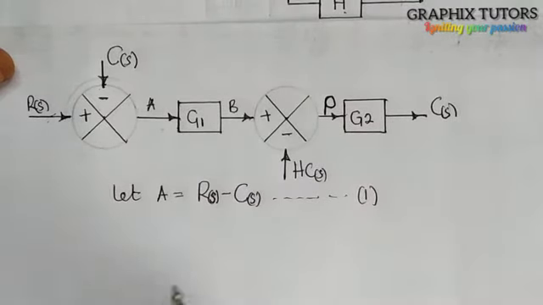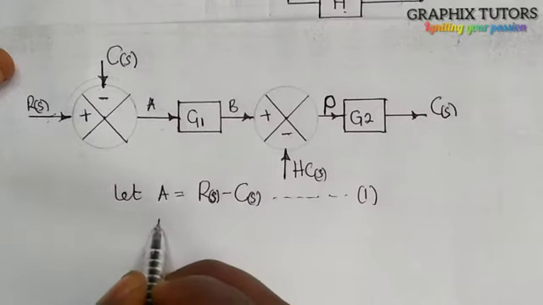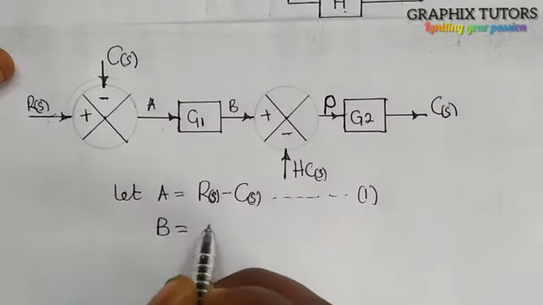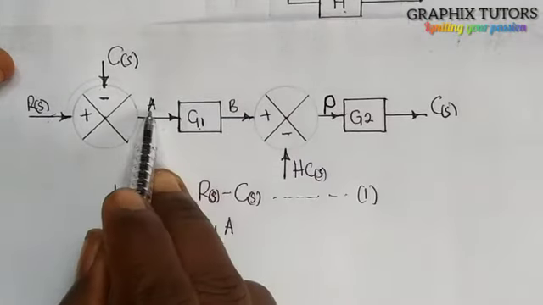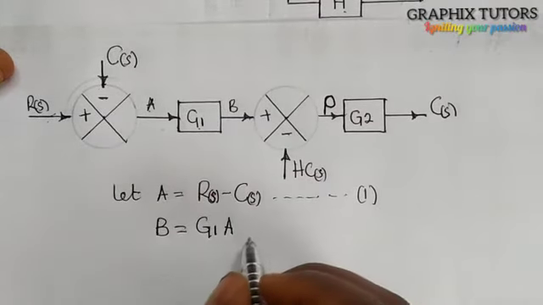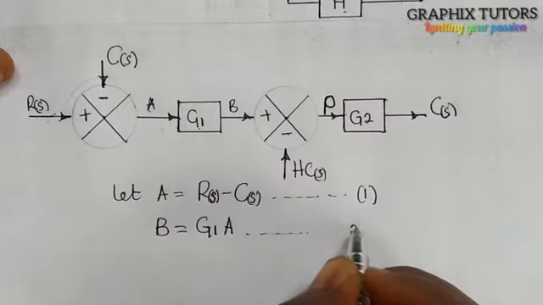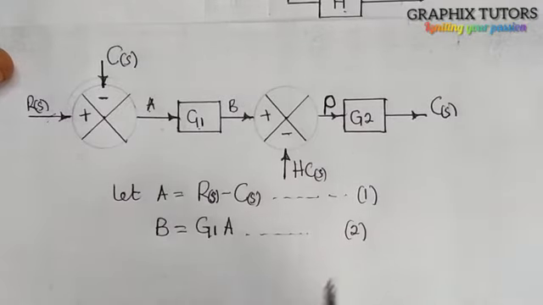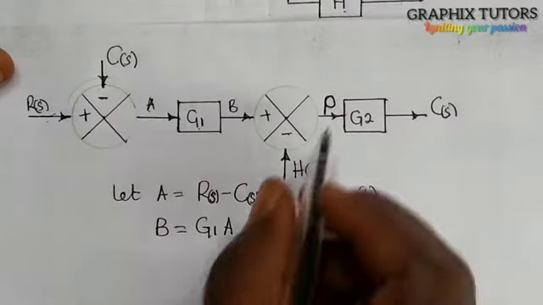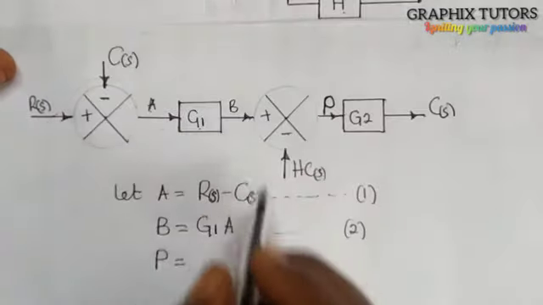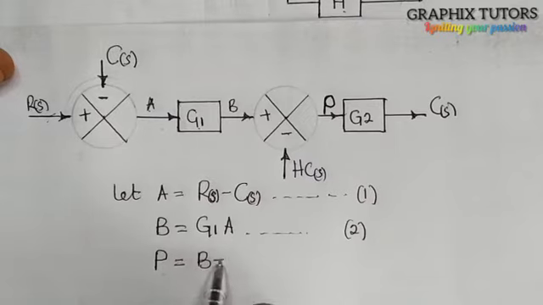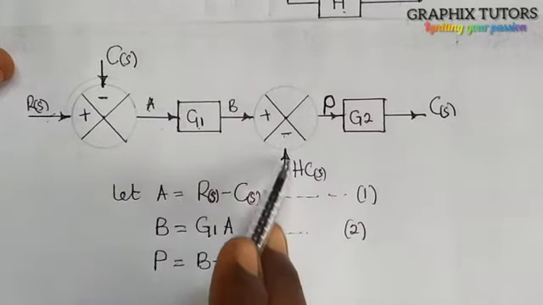Then I can also say that B will give us G1A, that is G1 times A. I can call this equation 2. I can say P is equal to what? B minus HC(s), that is B minus HC(s).